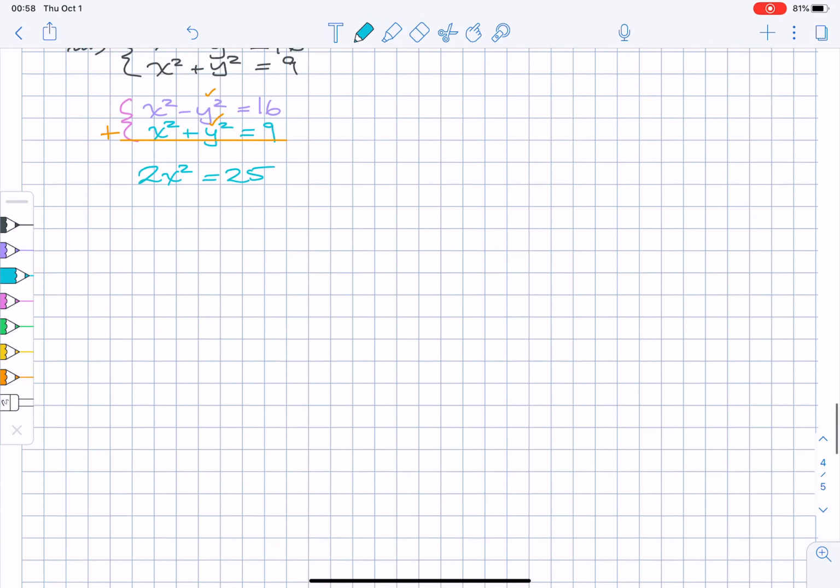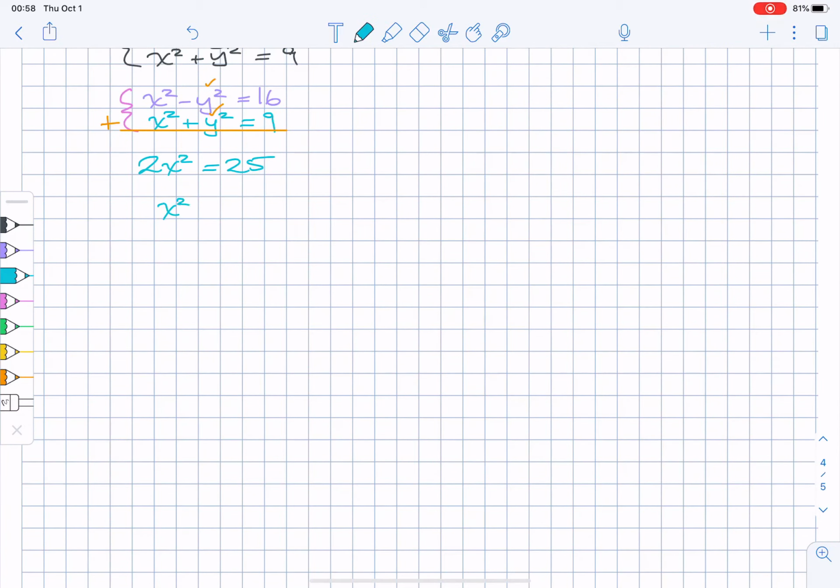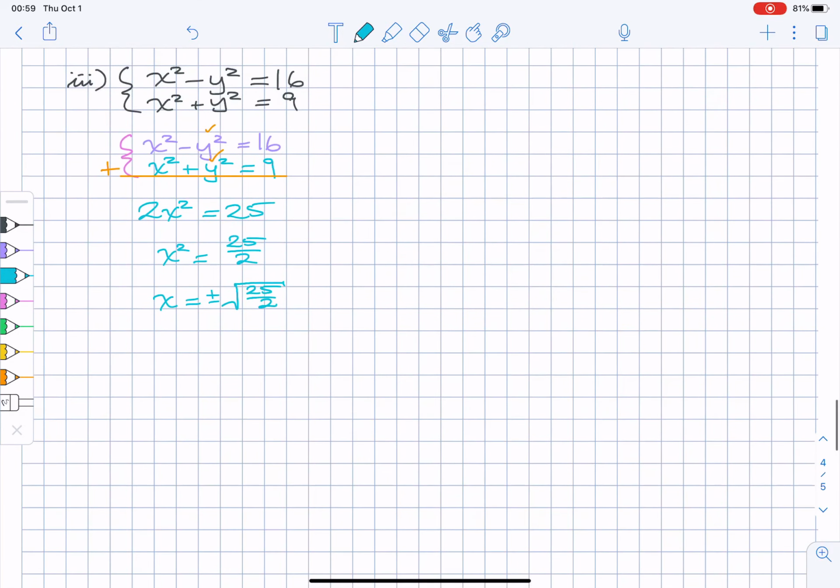So that means that x squared is 25 divided by 2, which means that x is plus or minus root 25 over 2. Yes, I know I could make it 5, but I'm just trying to make my life easy right now.